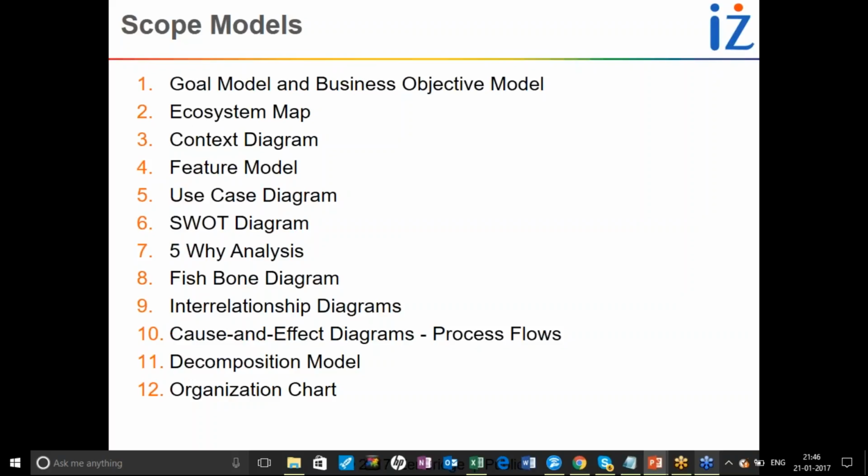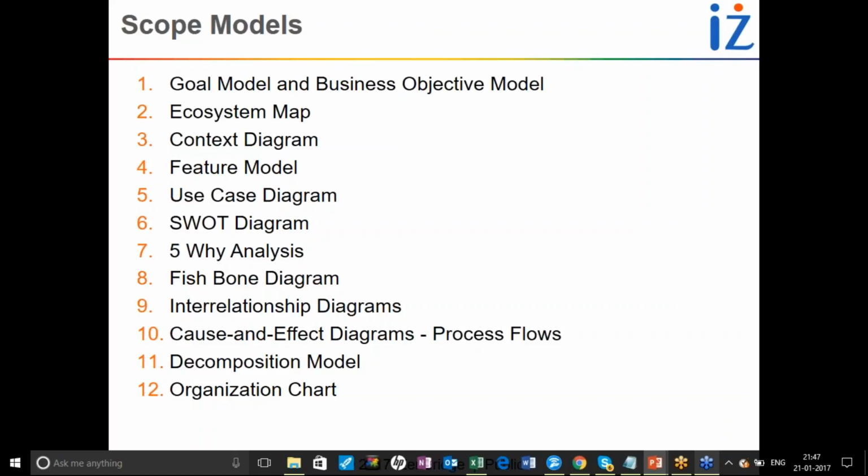Ecosystem map and context diagram help to know the high level systems. Feature models show the different features in the solution, and using this model we can represent near about 200 features on a single page. Use case diagrams help you know the top level users, their goals, and their interactions with the system.